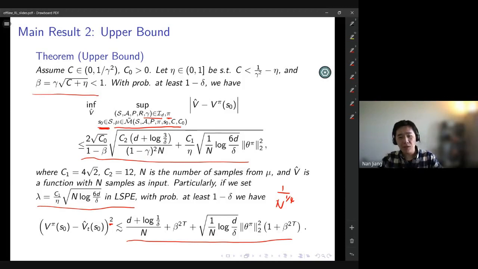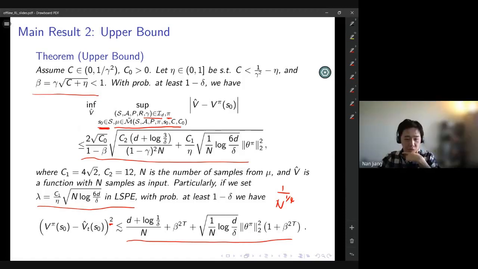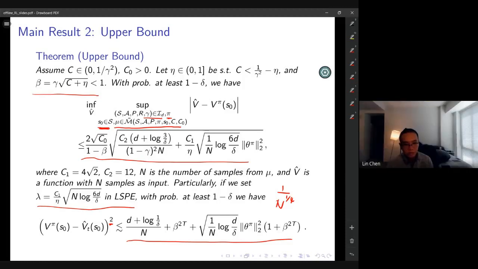I thought for this problem a 1 over root n rate should be possible. Can you comment on that? Right, root n instead of the quarter. What's the assumption of this rate?